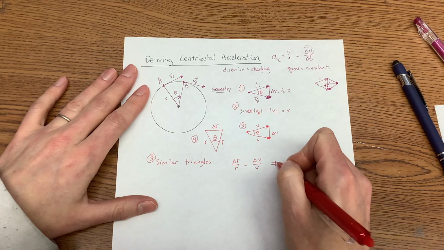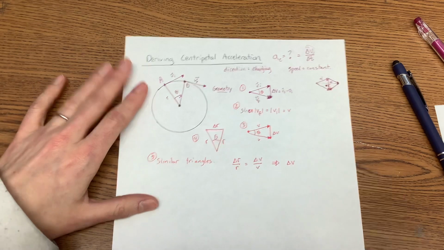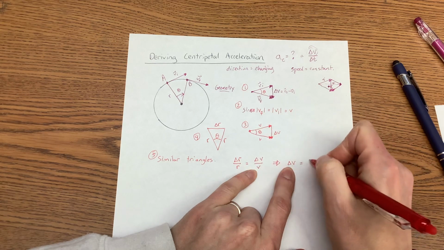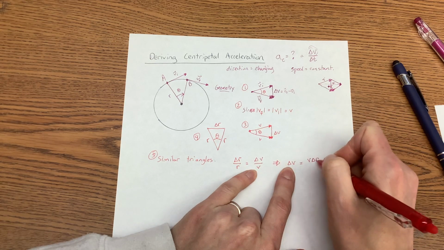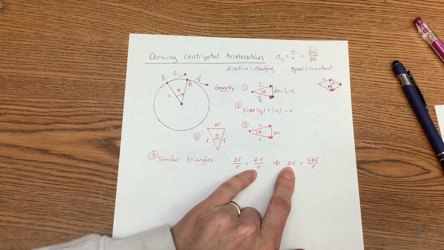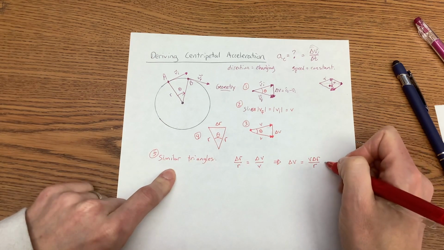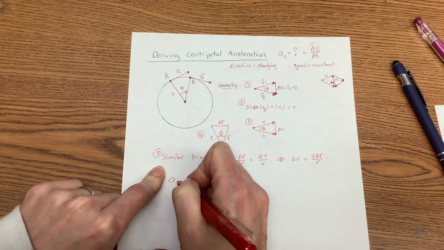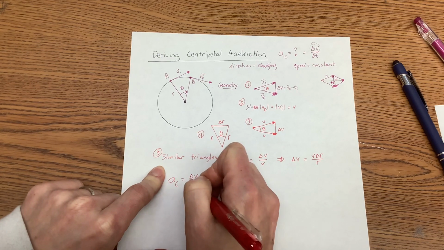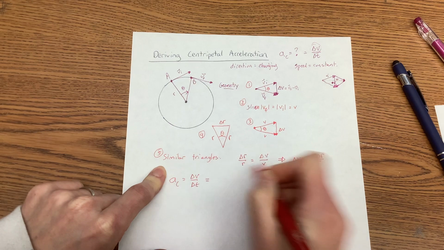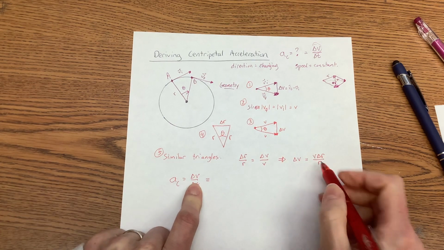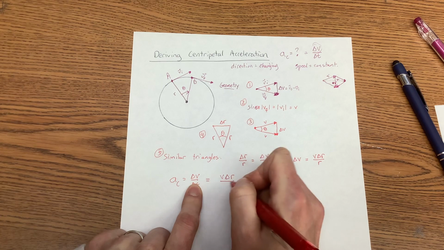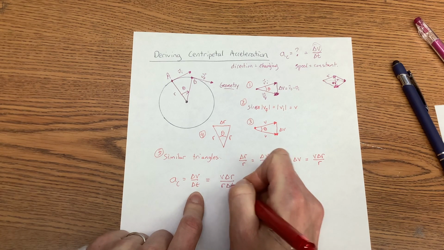And that is going to allow me to get an expression for delta v. I'm just going to multiply v over to the other side. So v delta r over r. And this is something that I'm going to plug in up there. So I'm going to have a_c equals delta V over delta T, and I'm going to plug in this for delta V. So I'm going to have V delta R over R delta T.